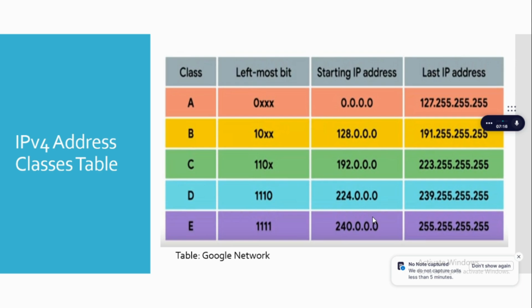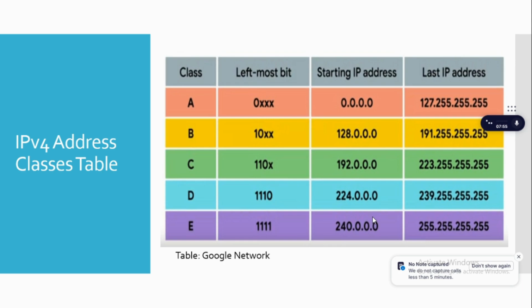Then it's important that you understand the IP version 4 address classes table, which will help you to identify the class to which an IP address belongs. So you can see that IP address classes range from class A to class E. Starting with class A, the leftmost bit is 0 and the starting IP address is 0, and it ranges to 127.